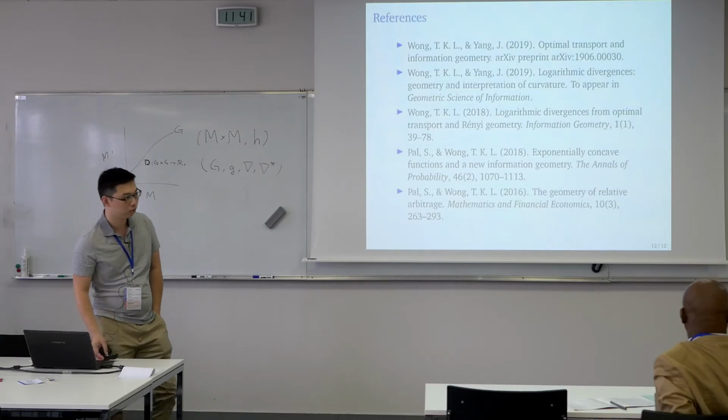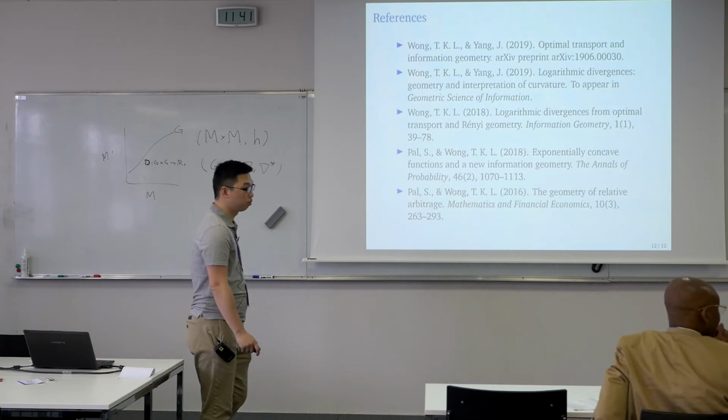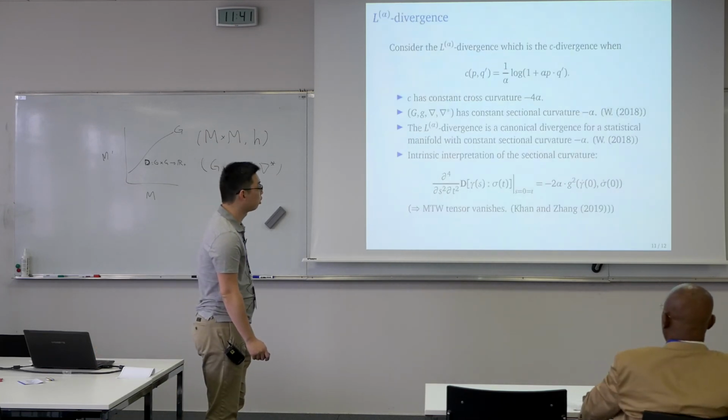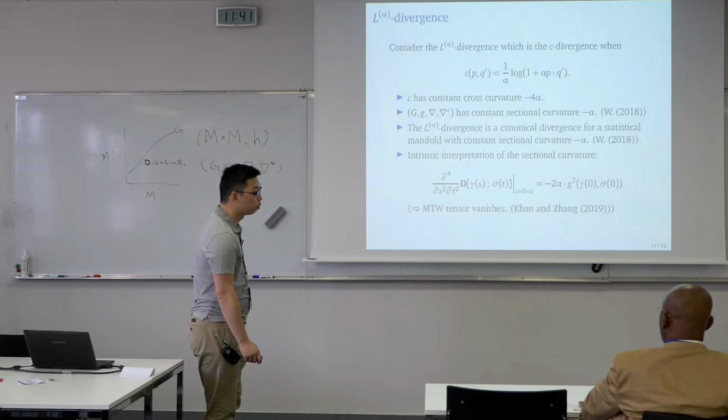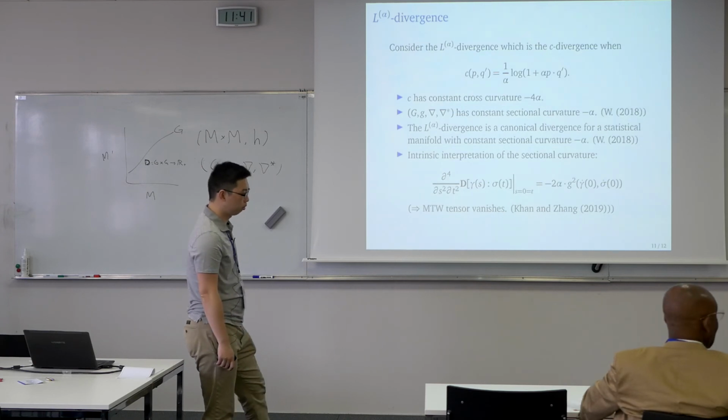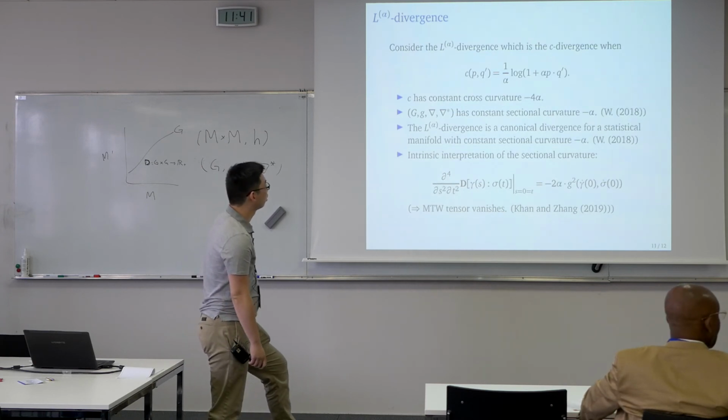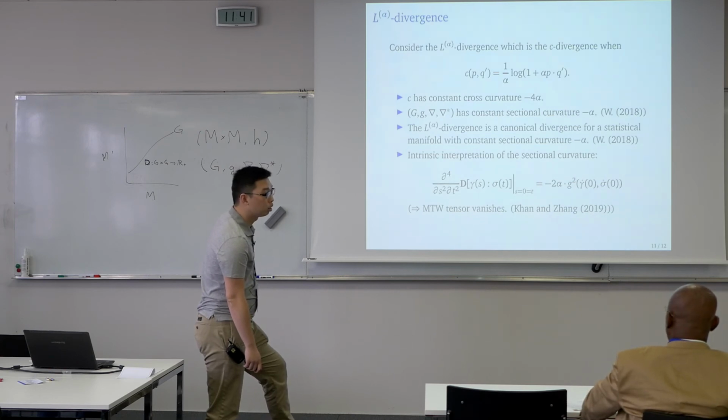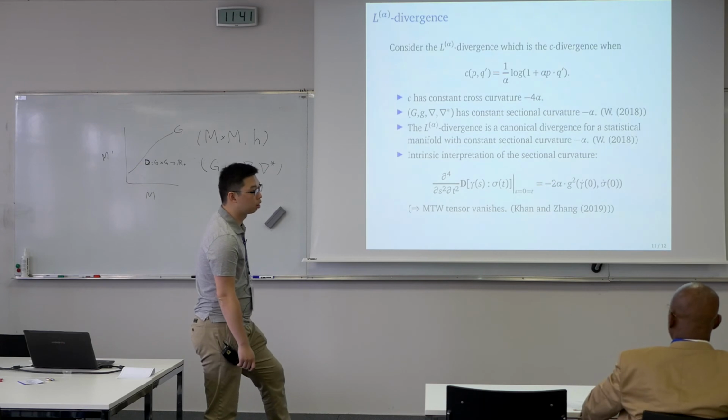I have a question. On the previous slide, the divergence is always in this constant sectional curvature, right?